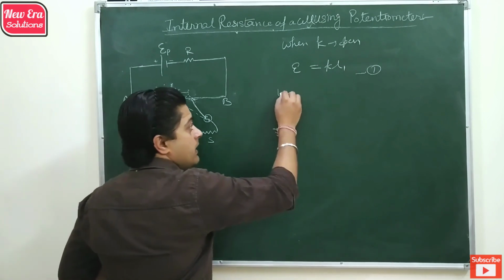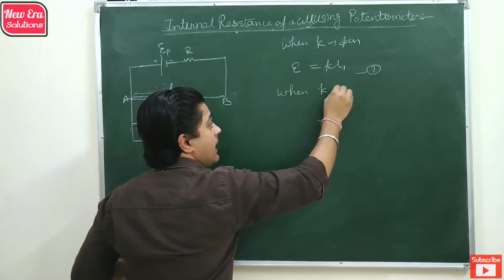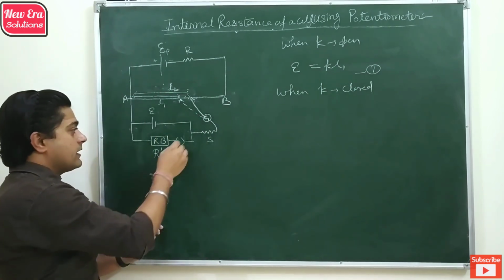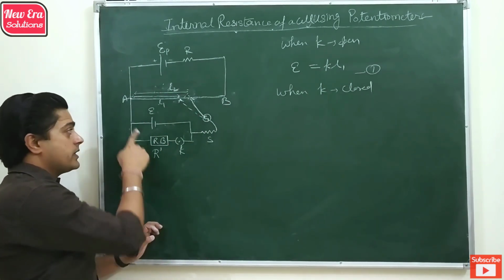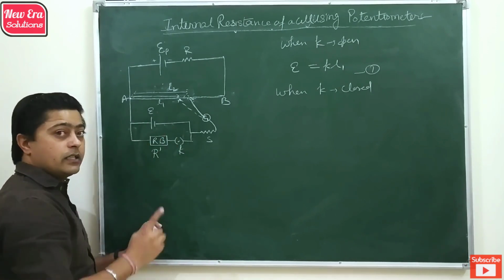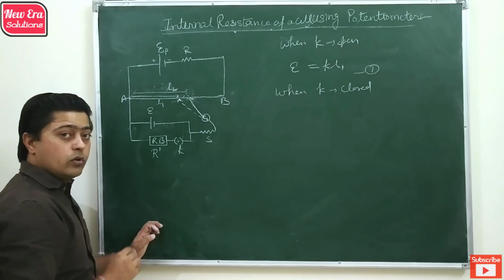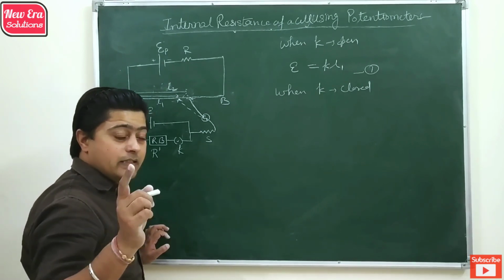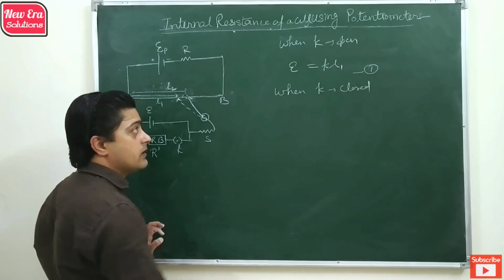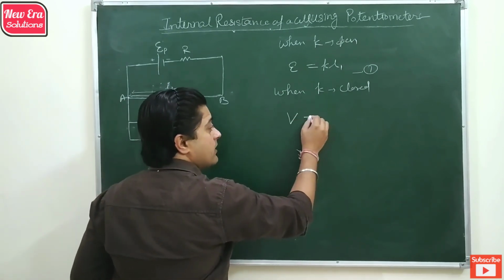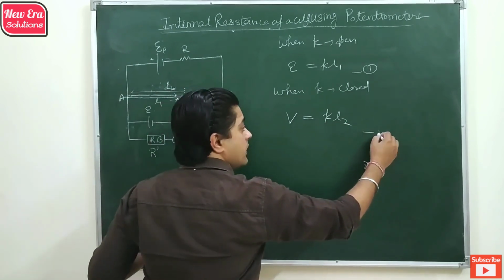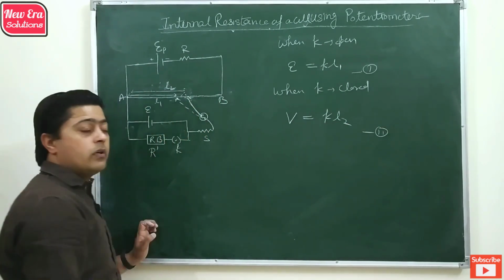But when the key K is closed, the external resistance R dash completes the circuit, due to which some current is drawn through the cell and its EMF changes into terminal potential difference. In that case, the potential is balanced by the length L2 according to the principle of potentiometer.